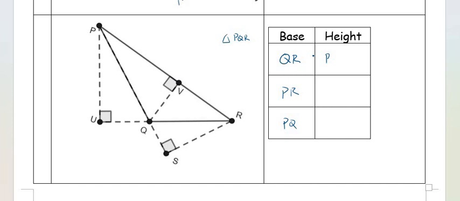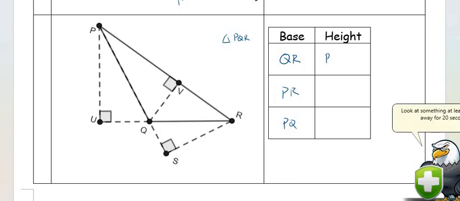From the mountain top you trace a line down to the horizontal line down here, and then you will find a perpendicular sign over here. But remember, this U and Q over here is not a solid line, so it's not a base.